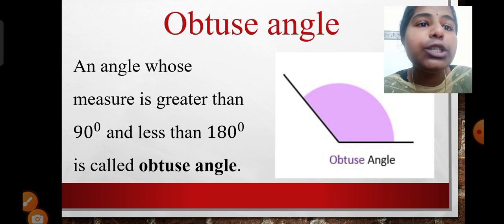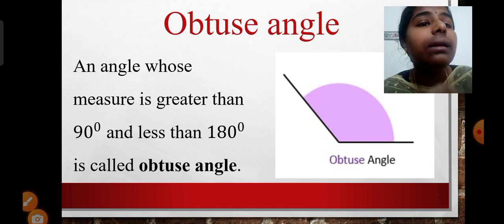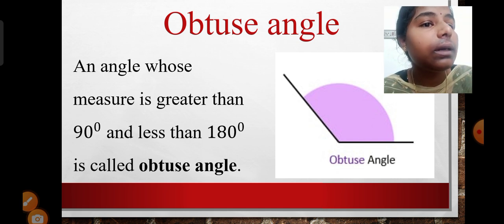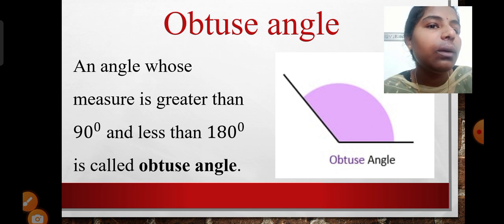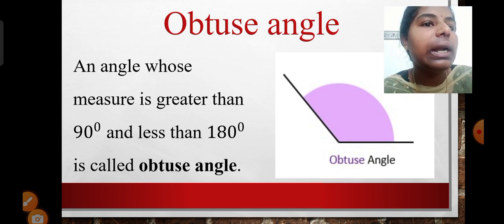But it should not exceed 180, and it should not be exactly 180 either. Only less than 180. Okay, 180 degrees we will see next.